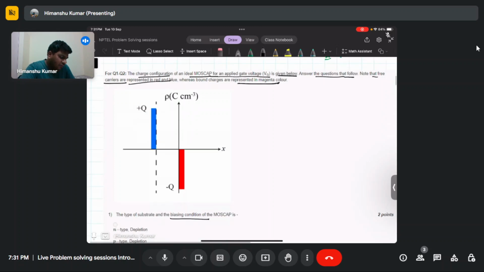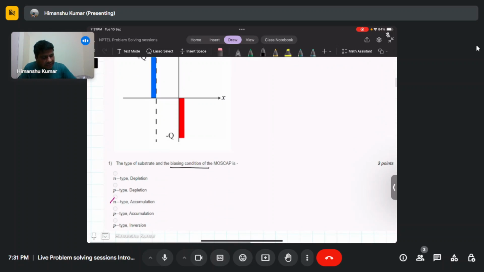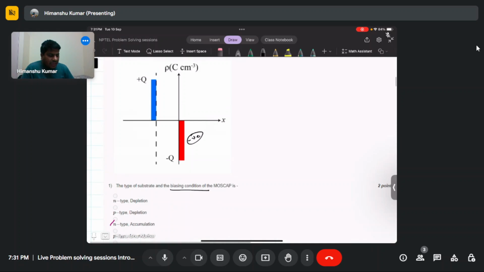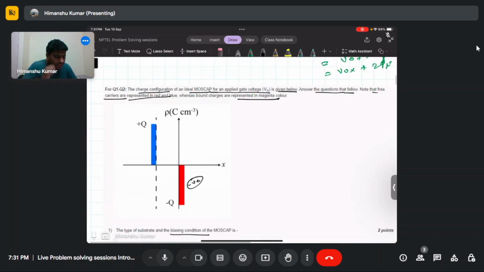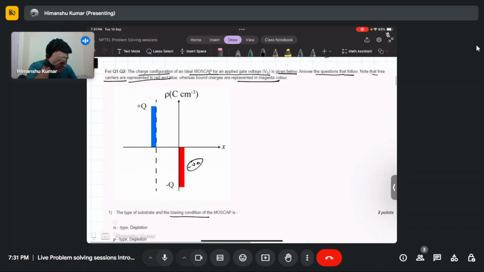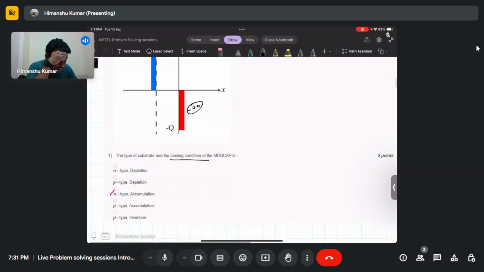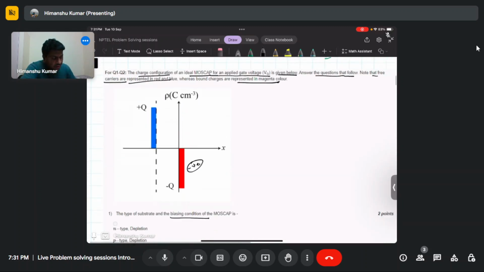So basically, what is happening is that the interface charge is negative. In the substrate there is no charge given, so that means substrate depletion is not happening, or there is a very thin layer of depletion, and just majority charge is accumulated.